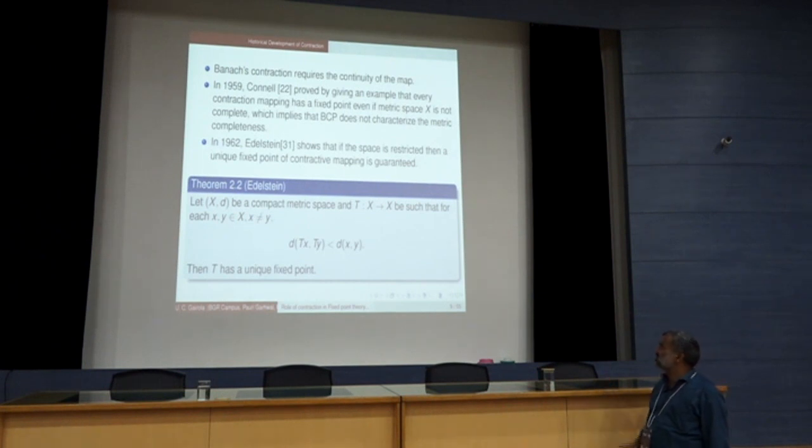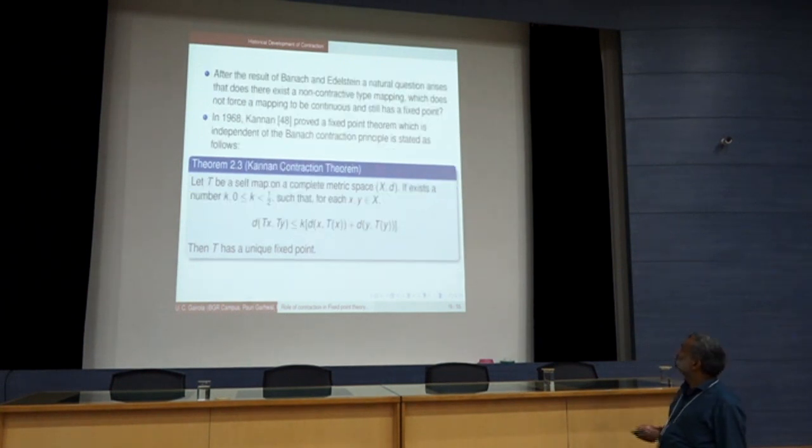Then T has a unique fixed point. Here you can say that if we replace the compactness, then we may not have a unique fixed point.